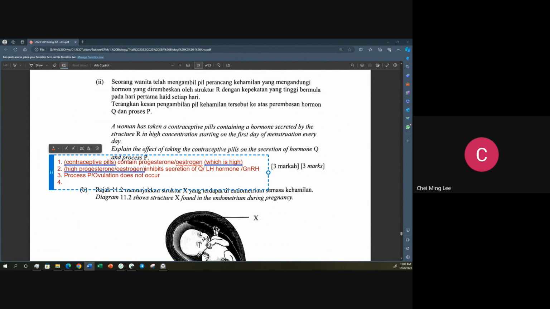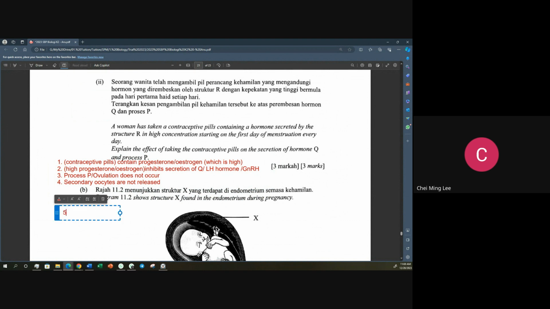With no ovulation, no secondary oocyte will be released. And finally, fertilization will not occur. So choose any three.